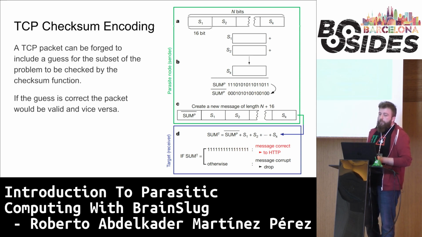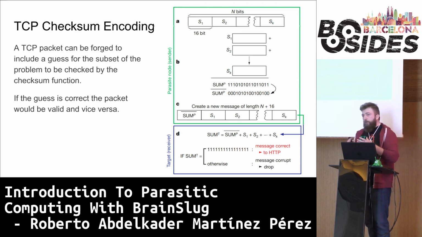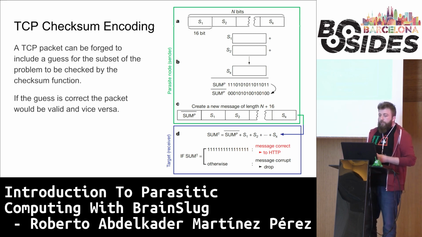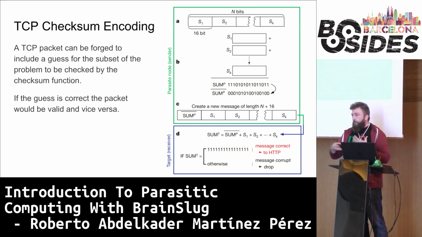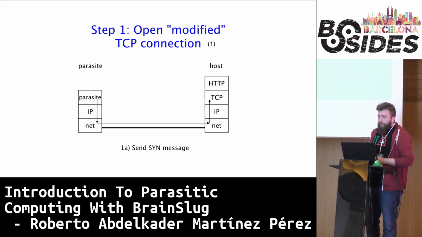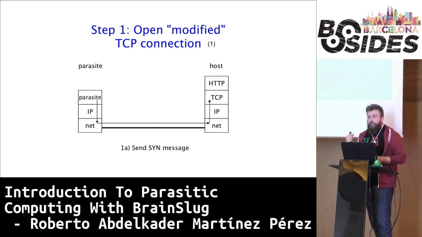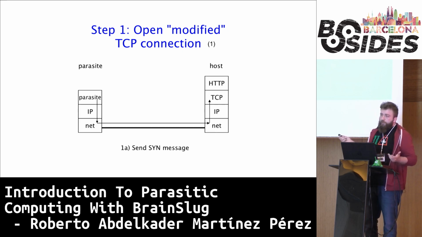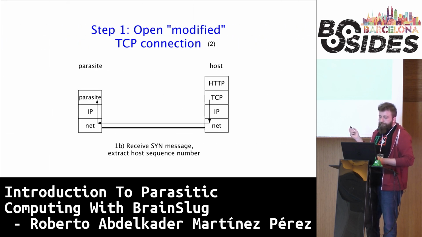Afterwards, they encode these smaller Boolean operations into TCP packets. So they manage to force the other computer to perform this computation for them. The way they did it was by first opening a normal TCP connection to a web server.